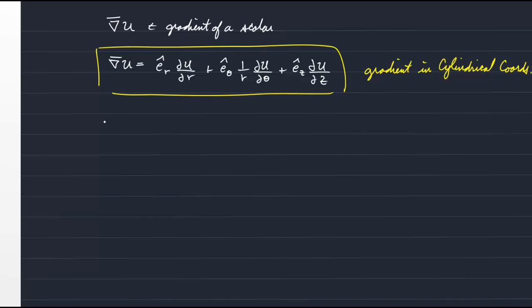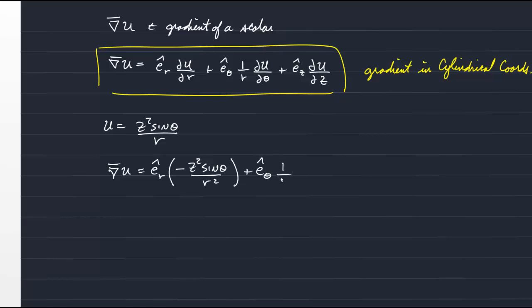So for example, if we had a scalar field u equal to z squared sine theta over r, then grad u would be equal to e hat r, that's the e hat r component, and the derivative of this with respect to r is minus z squared sine theta over r squared, plus the e hat theta component times 1 over r, and the partial derivative of this with respect to theta is z squared cosine theta over r.